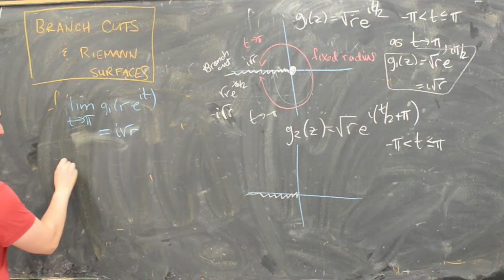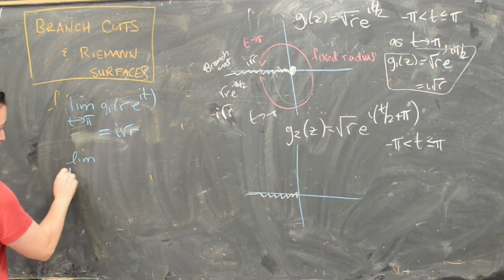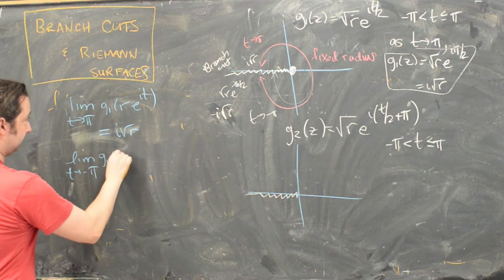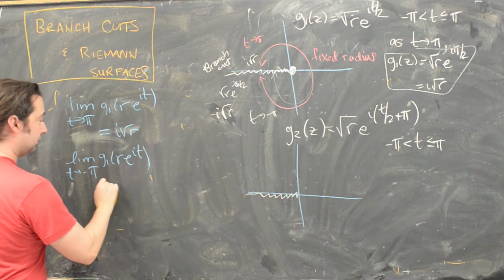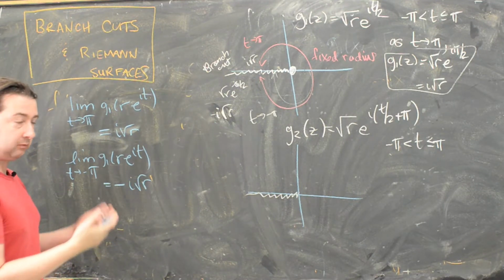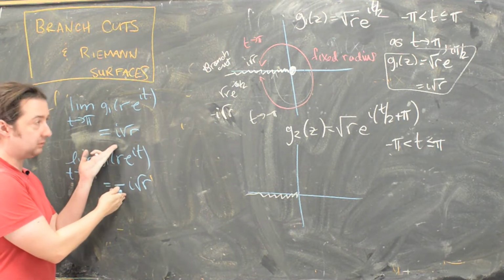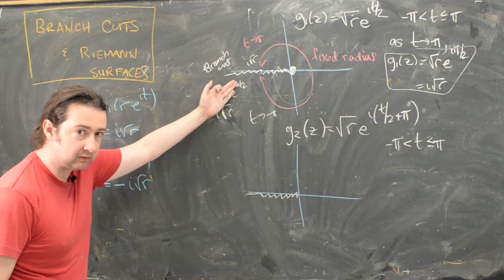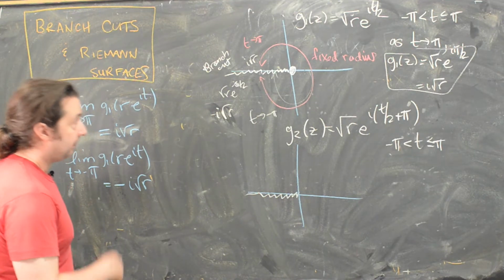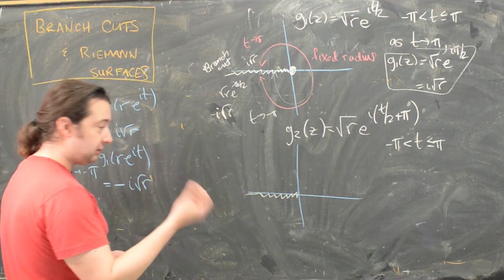But if we come in from the bottom, g1 of r e to the it, we get minus i root r. Those aren't equal to each other. And what that means is the limits being different means this function is not continuous. It's not continuous at the branch cut. So this function is not continuous at the branch cut.